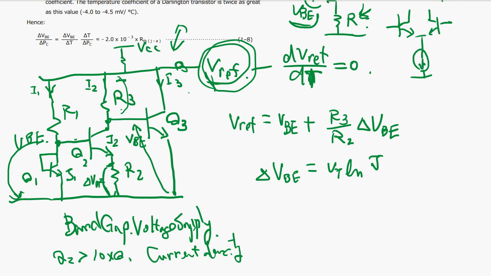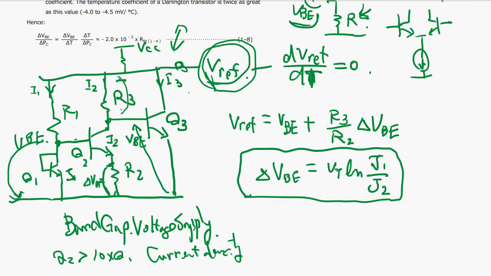This current density and this current density, this is going to be the delta VBE, right? Okay. So this equation is completely free from VCC influence, right?